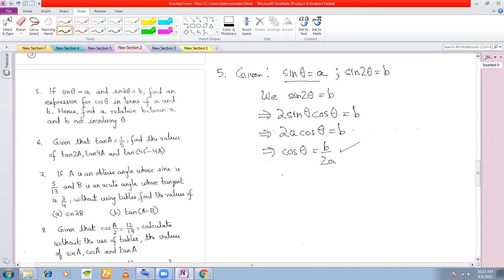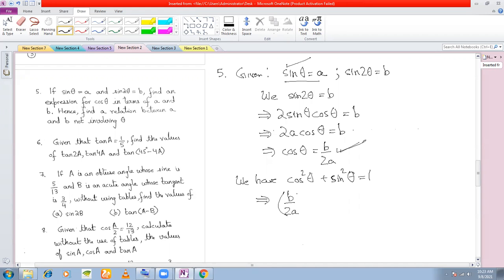Next question is find the relation between A and B not involving theta. Now, as you see, you know the value of sine theta and you know the value of cos theta. So you know the identity cos square theta plus sine square theta is equal to 1. Put the value.